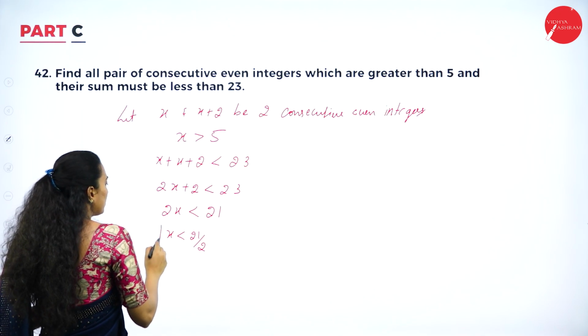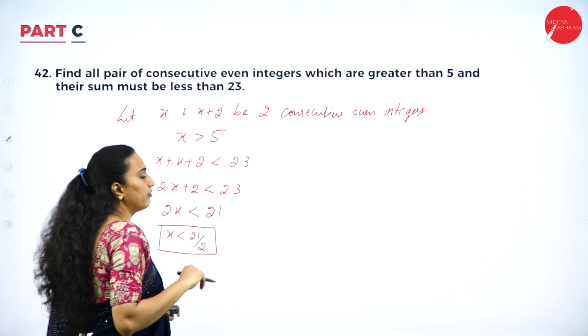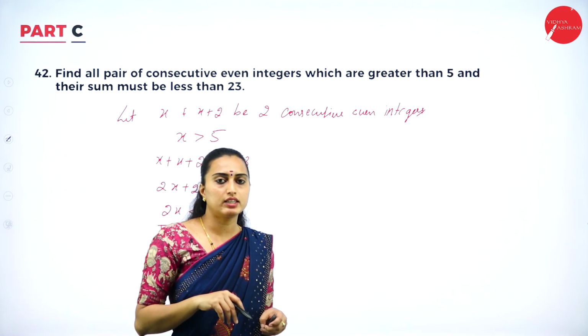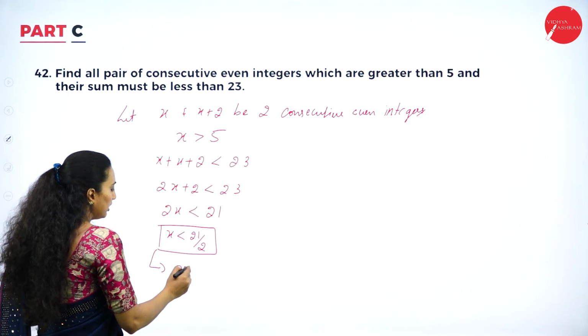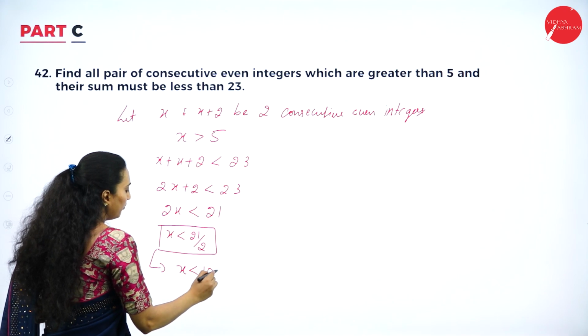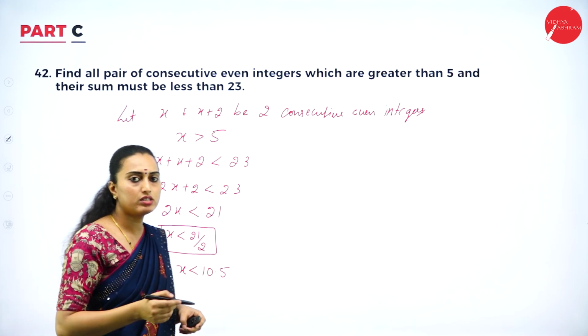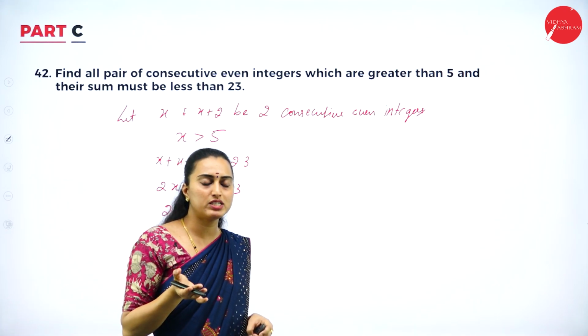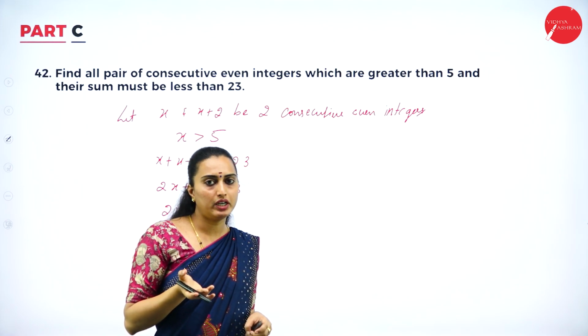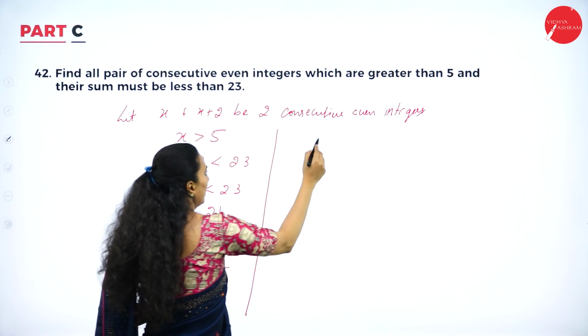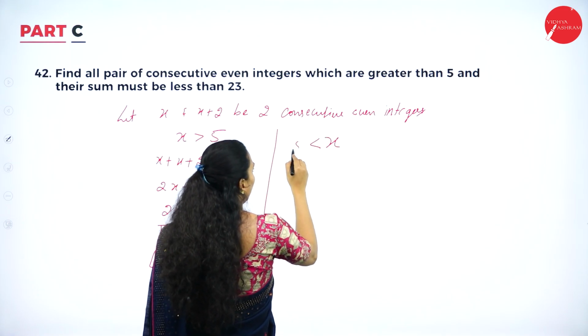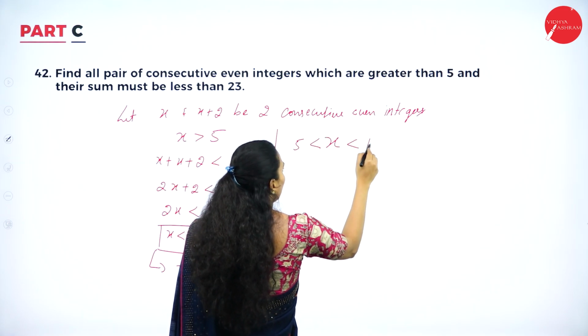So x is greater than 5 and x must be lesser than 21 divided by 2, which implies that x is lesser than 10.5, correct? Because 10.5 plus 10.5 is nothing but 21, correct? So x must be greater than 5 but lesser than 10.5.